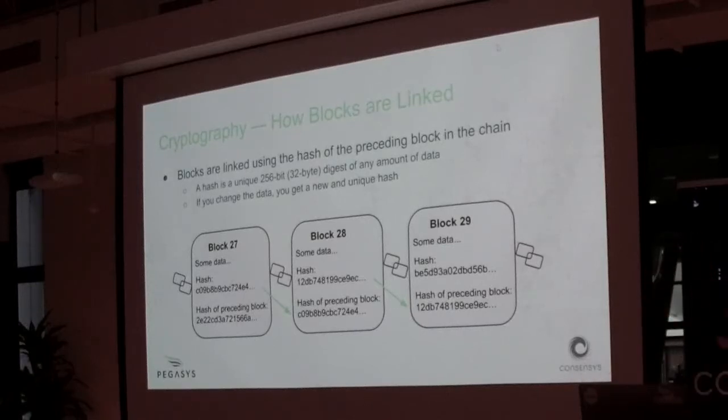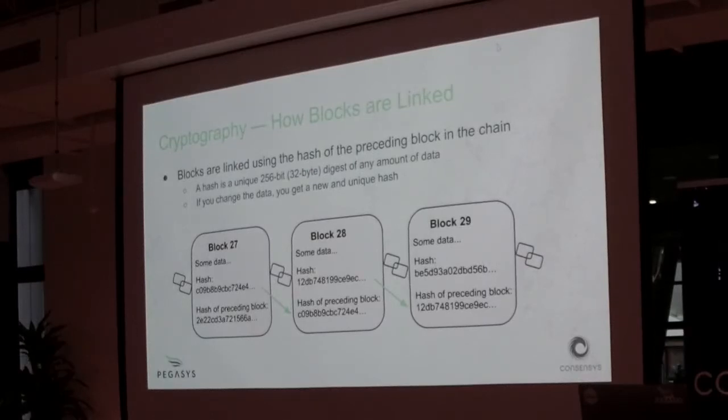For example, we could take the complete works of War and Peace and digest that down to a unique 32-byte digest. If we then changed one single comma to a semicolon, you would get a completely new and unique hash. Does that make sense?